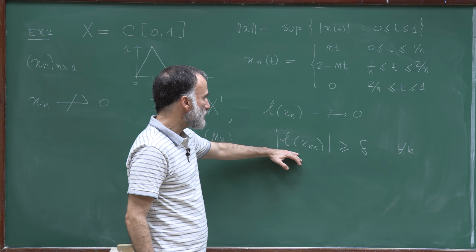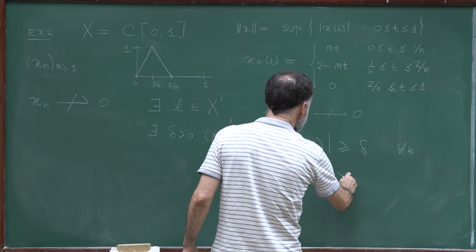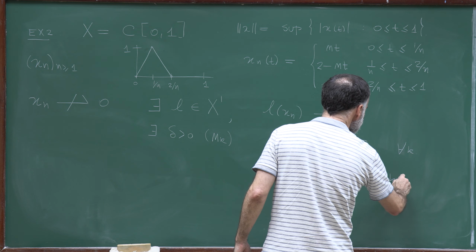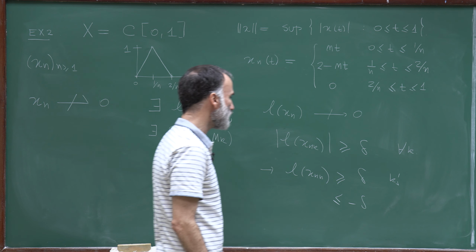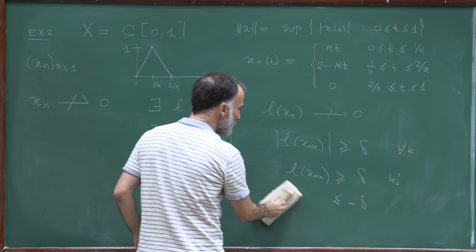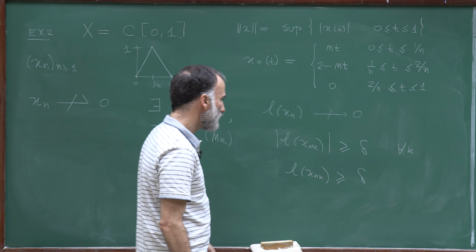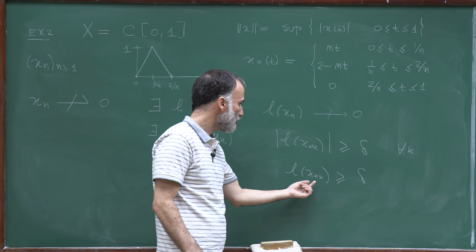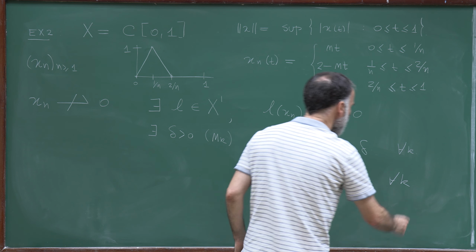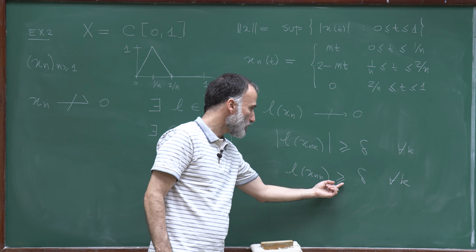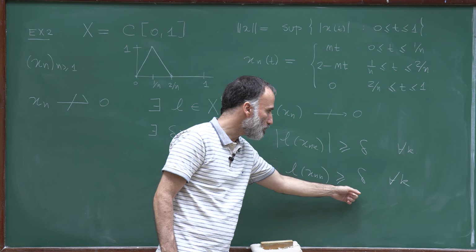Well, if this is always true, then either L(x_{n_k}) is larger than delta for infinitely many k's, or it's less than or equal to minus delta for infinitely many k's. So I will assume that L(x_{n_k}) is bounded below by delta for infinitely many k's, and I rename this so that it holds for all k's. And you'll see that the argument I'm using by assuming that it's larger than delta works also if I assume that it is less than or equal to minus delta.